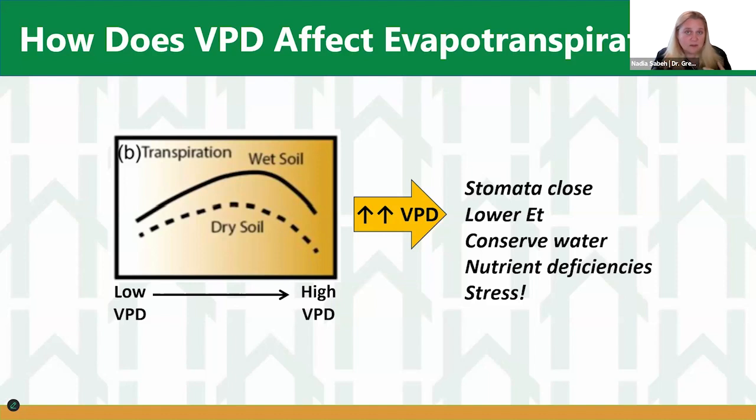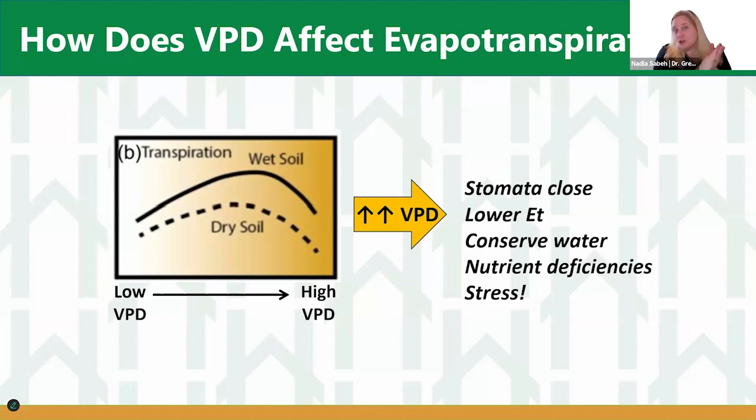This is what happens with xeriscaping or desert plants, is that they actually close their stomata when it's really hot and dry outside, and then they open them again at night when it's cooler and relatively humid. And so what can happen is that if you have too high of a VPD, like I just said that it could decrease the stomatal conductance.